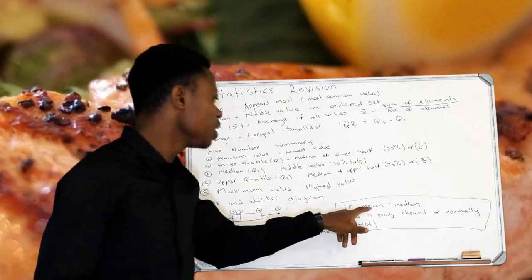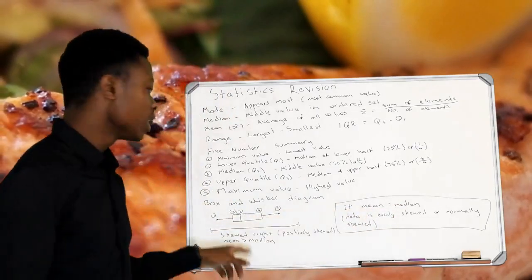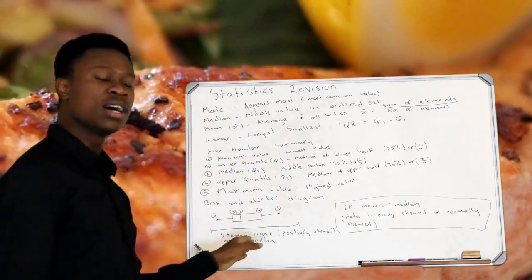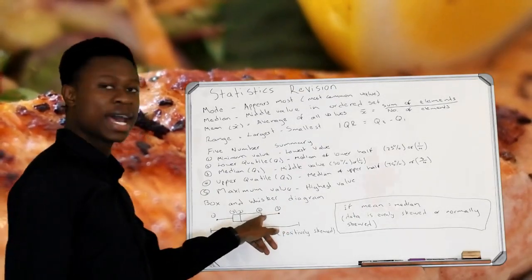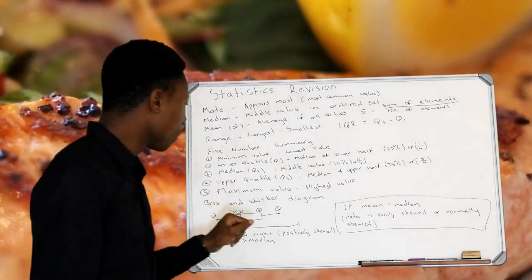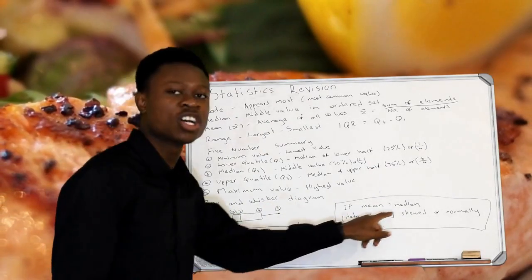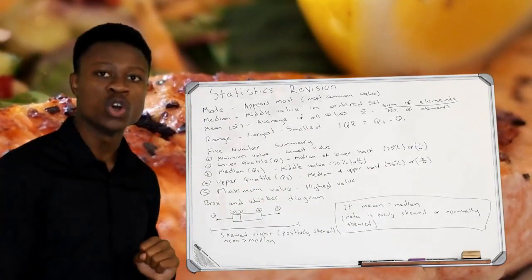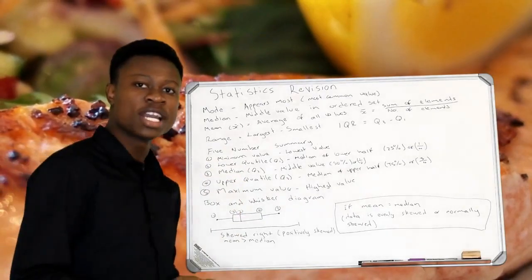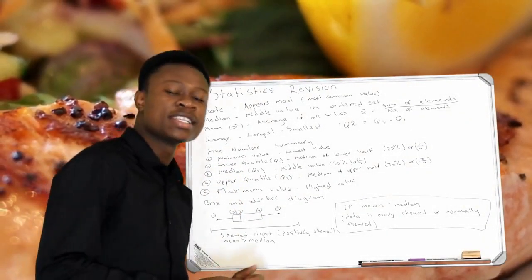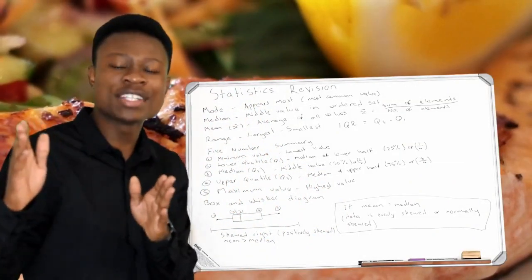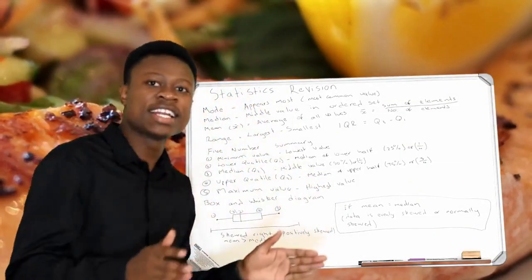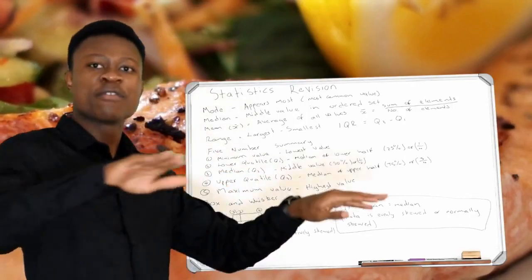That's when that line is directly in the middle between your lower quartile and upper quartile. Once you have that, it means the data is evenly skewed or normally skewed. What does that mean? It means that your data is sitting in the middle. It's not too one-sided. It's an average amount of data.